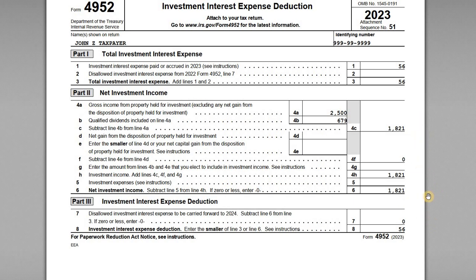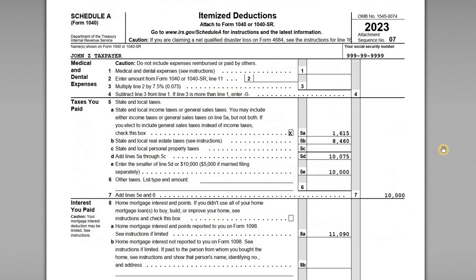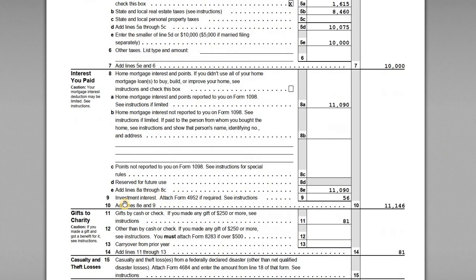Remember, your investment interest expense and other investment expenses can't exceed your net investment income. But he's got $1,821 of net investment income, so he's got enough to be able to claim this as a full deduction. So on Schedule A, investment interest expense is reported in interest, line 9. So investment interest expense, we have attached to 4952, and there's our $56 that's being added to his mortgage interest deduction.